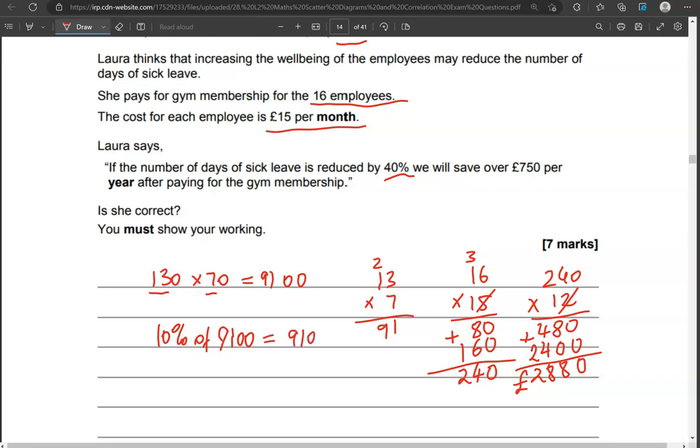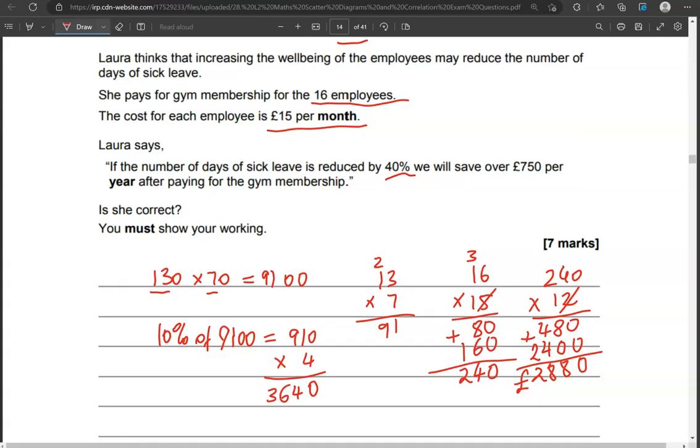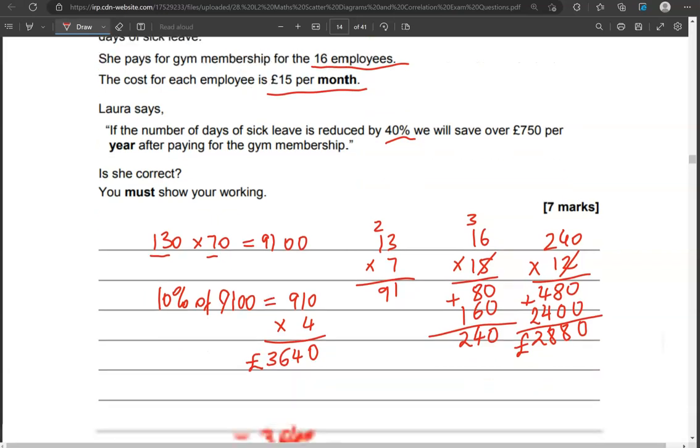So 40% will be 4 times that. 4 times 0 is 0, 4 times 1 is 4, 4 times 9 is 36. So this is how much would be saved with the 40% reduction. Or in other words, this is how much that 40% would have cost the company.